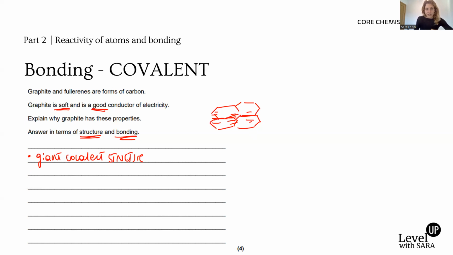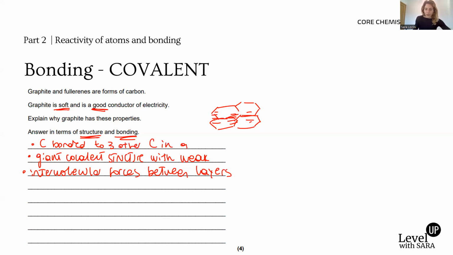Covalent would be the bonding, giant covalent structure, with weak intermolecular forces between layers. Okay. So you could also say that it's carbon bonded to 3 other carbons in a giant covalent structure.